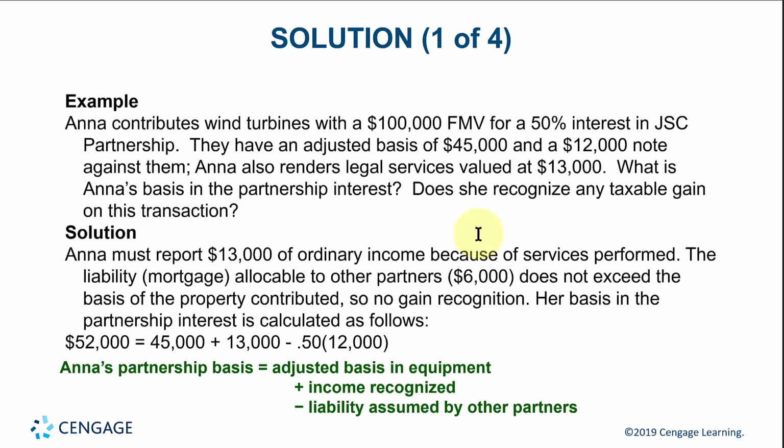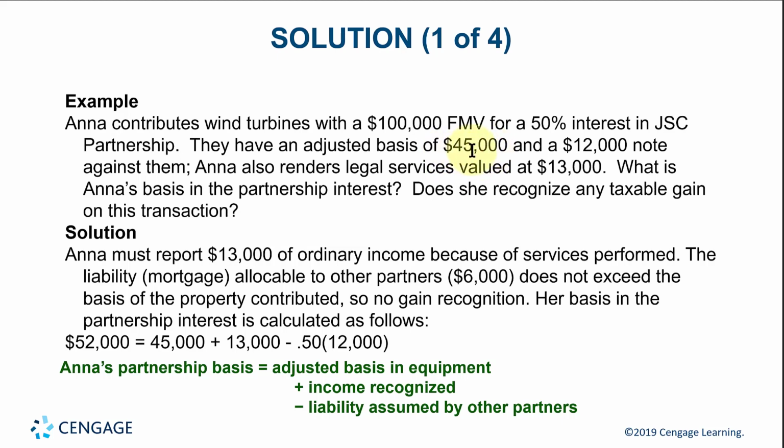Here's an example. We have Anna who contributes, looks like, wind turbines worth $100,000. Now, this is not basis, this is the value of the property going into the partnership. And in exchange, she's getting back a 50% interest of this new partnership, JSC. Her basis in the wind turbines is 45,000.